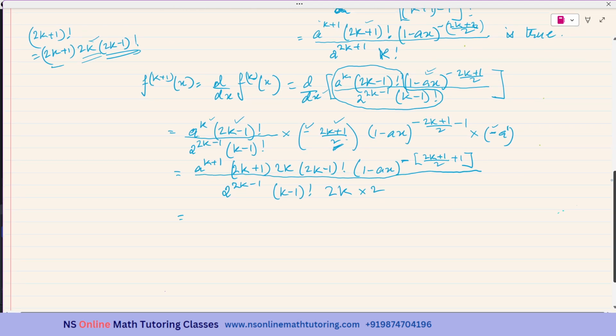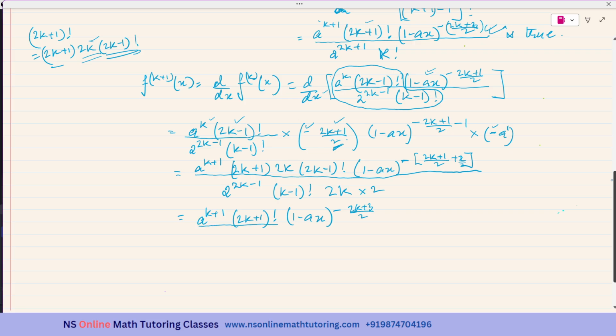That's very good. e to the power of k plus 1, and this is 2k plus 1 factorial, and 1 minus ax minus this can be written as 2 over 2. 1 can be written as 2 over 2, and so if you add them, it will be 2k plus 3 over 2, which I needed.